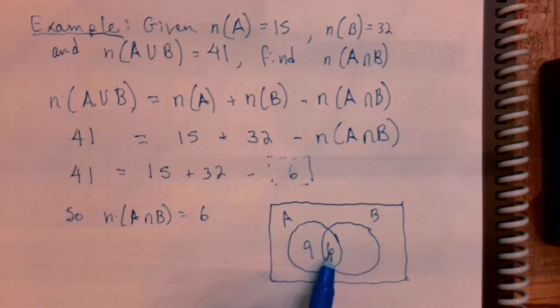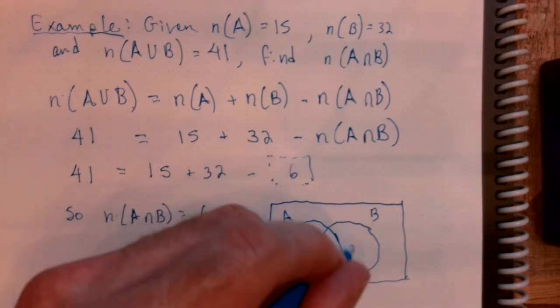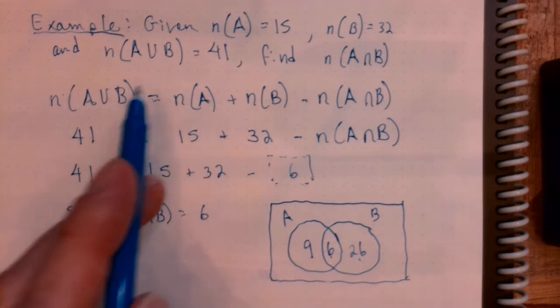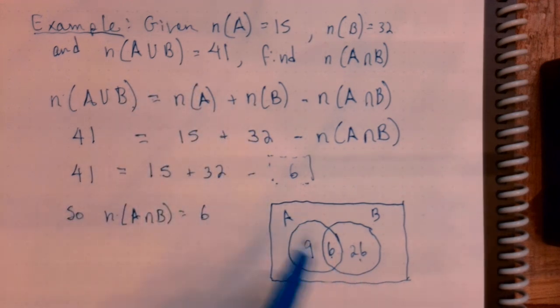And these two regions have to total 32. So that must be a 26, because 26 and 6 would give me the 32. And if I add up everything I've got, 9 plus 6 is 15, plus 26 is 41. So these numbers do work out to be what they should.